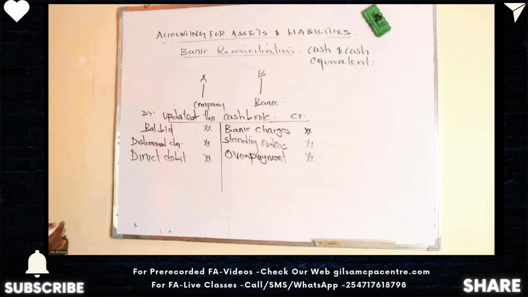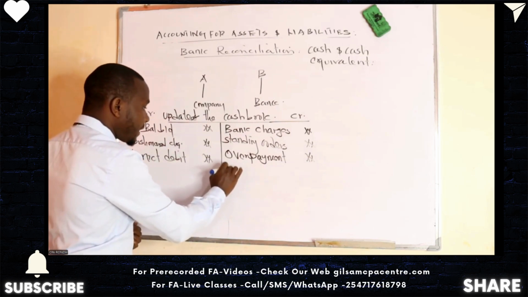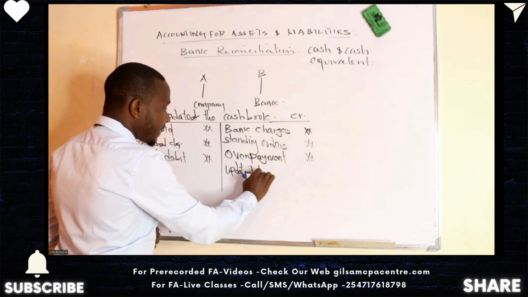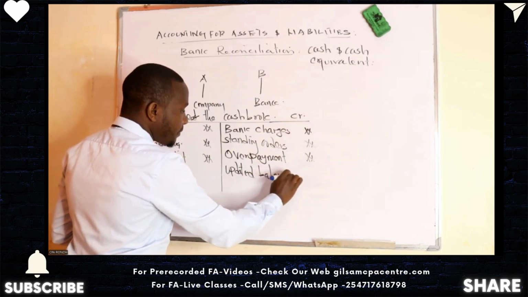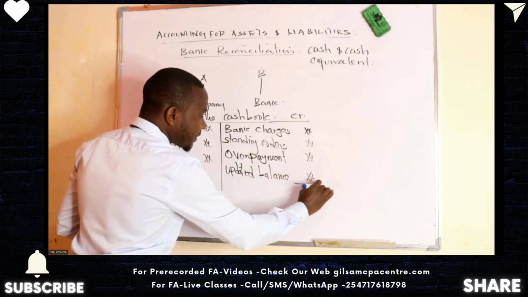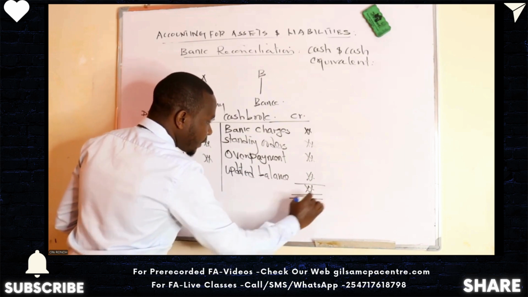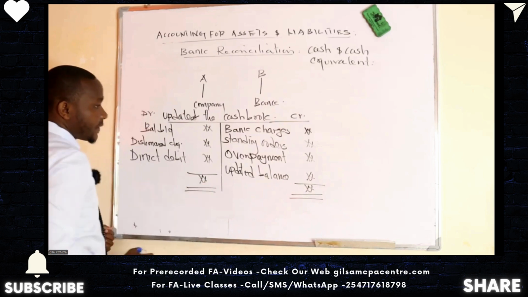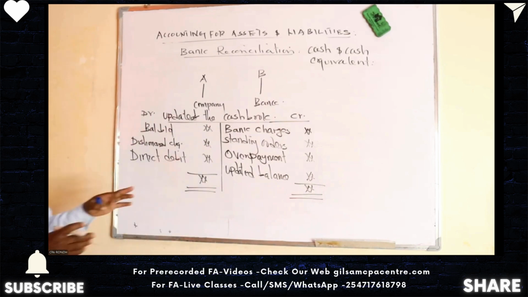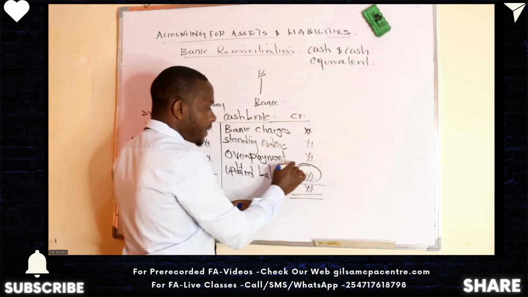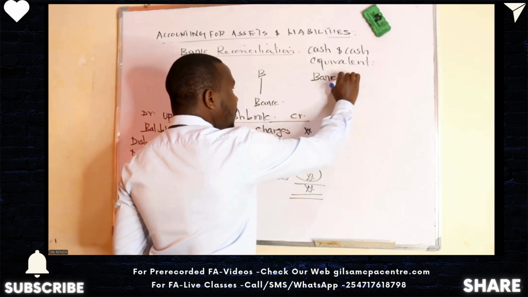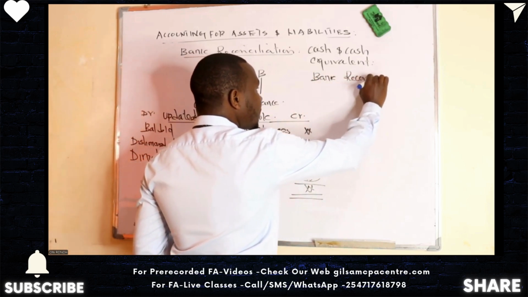So at the end, you will get an updated balance. This updated balance is what we are now going to reconcile with our bank balance. Once you have this, you can do the bank reconciliation.